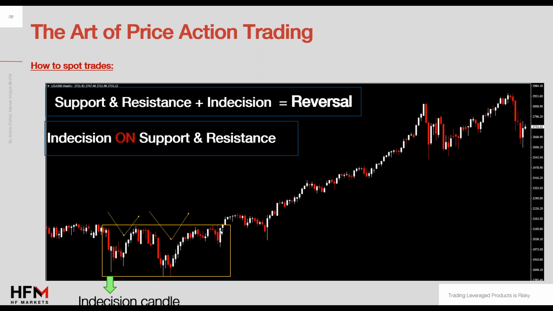If I start counting, that should be more than a year. You keep retesting and retesting, but never manage to extend above it. The same area again and again. I think it's quite clear, so that is considered to be a key resistance level. This is one way to spot a support and resistance level. I'm not saying that it's only for the weekly chart.